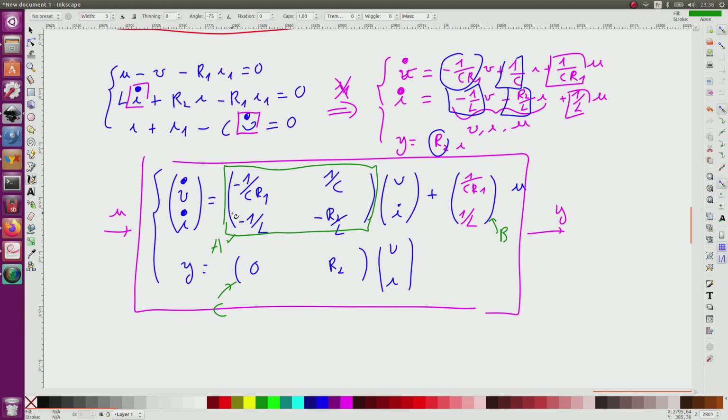So due to the fact that this system is passive, there is no production of energy in the system, I can conclude without any computation that my system is stable as soon as I have a resistor R1 and R2 which are strictly greater than 0.